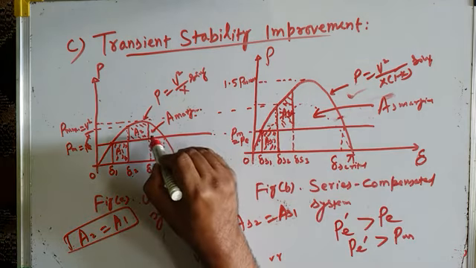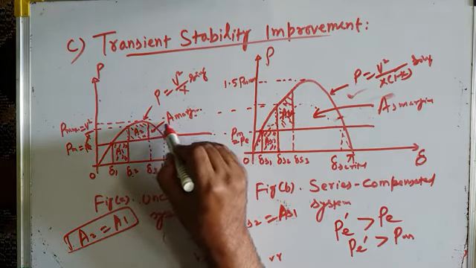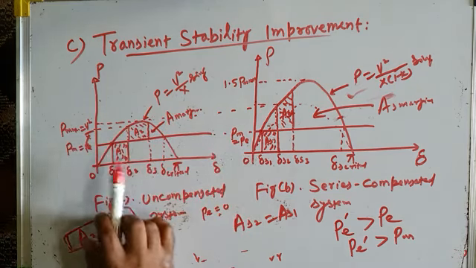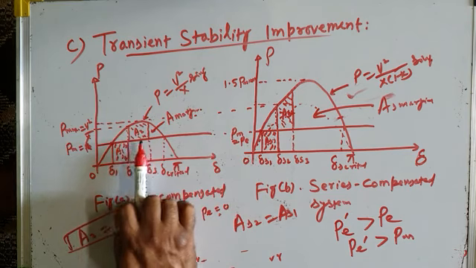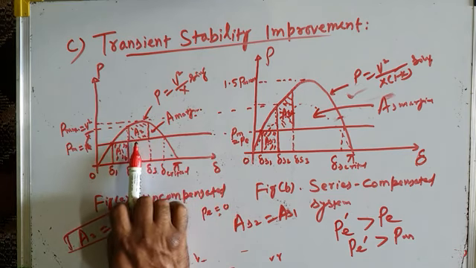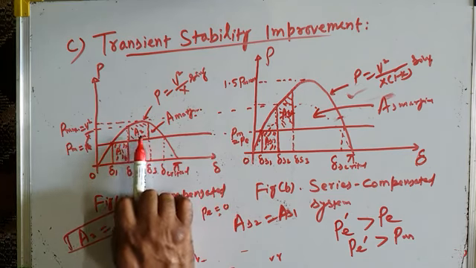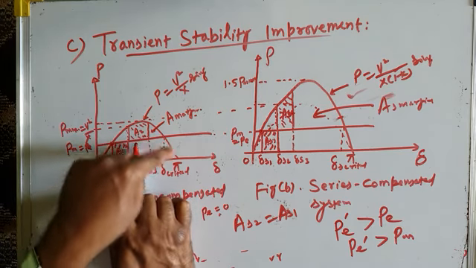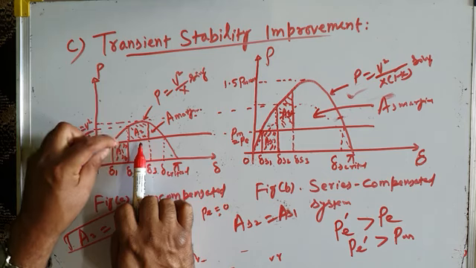Now, how much is the margin of stability for the uncompensated system? It is a small margin, which means that if, instead of clearing the fault here, the fault clearance was delayed substantially and it was cleared somewhere here, then the decelerating area will never be equal to the accelerating area.